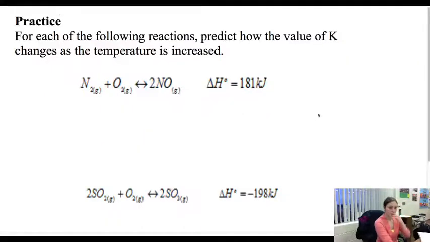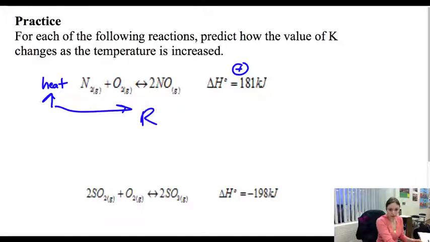So for example, we're going to predict how the value of K will change as my temperature is increased. So I'm positive here, which means that my energy as a reactant is positive. So my heat is over here. My heat is over there. I'm going to increase my temperature. So if I add more heat, it's going to have to shift to the right to get rid of that. Okay, that means that I'm going to have more products.